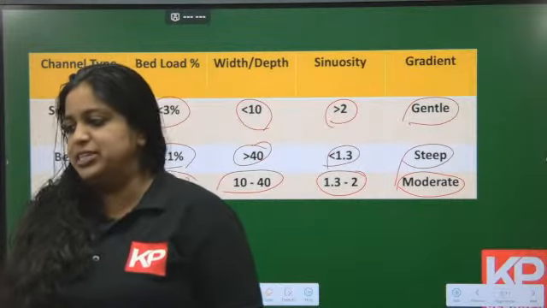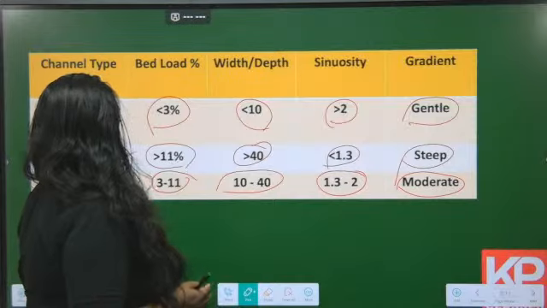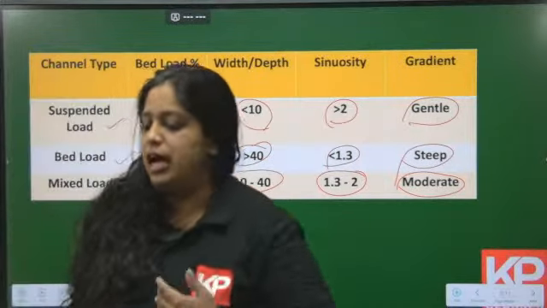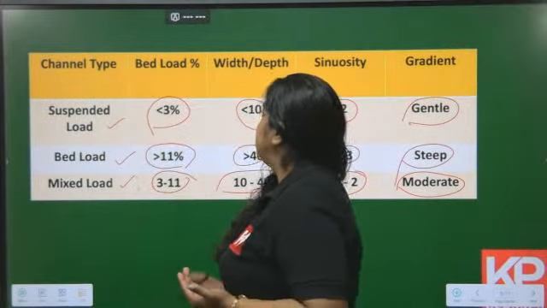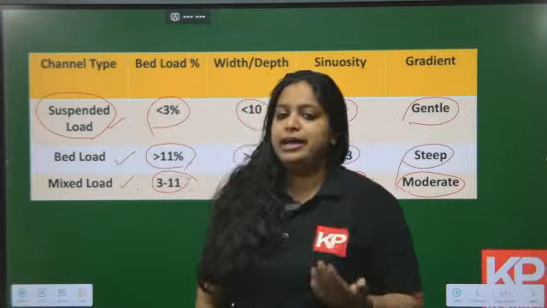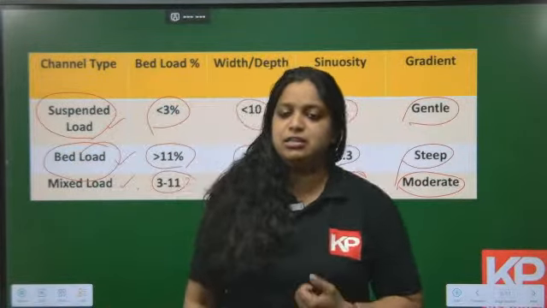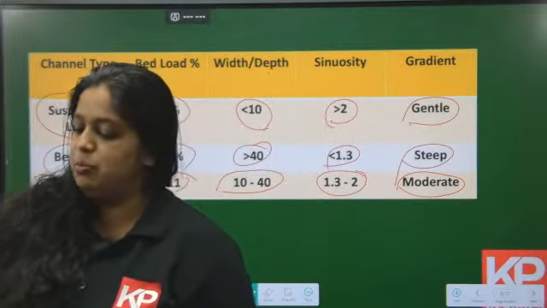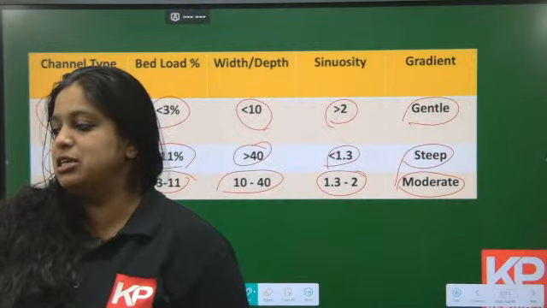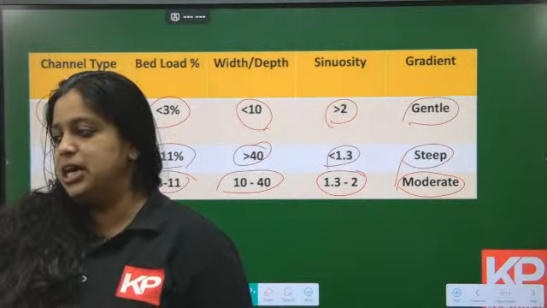So for a braided channel, the gradient is much higher, and for a meandering channel, the gradient will be lower. In the same way, a meandering channel is usually a suspended load type channel, and a braided channel is actually a bed load type channel. The sediment transportation will usually be in the form of bed load. So these are the basic terminologies associated with alluvial channels.